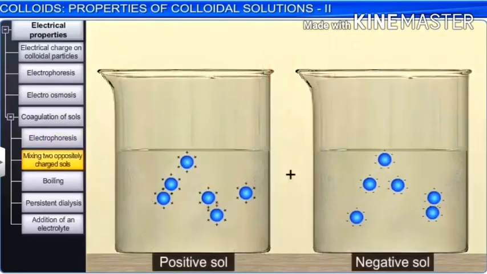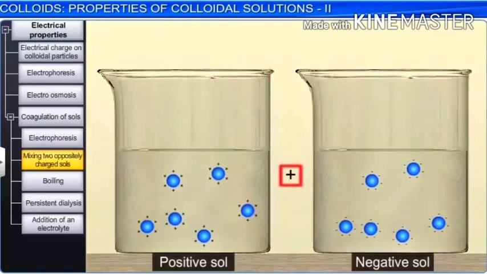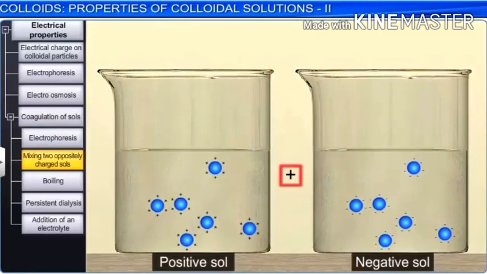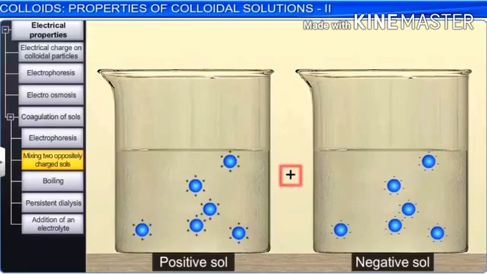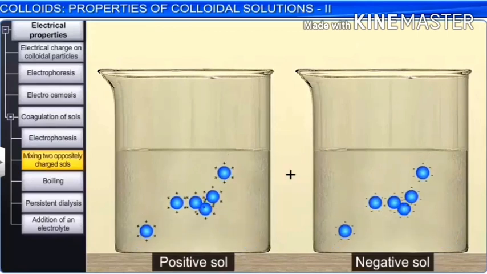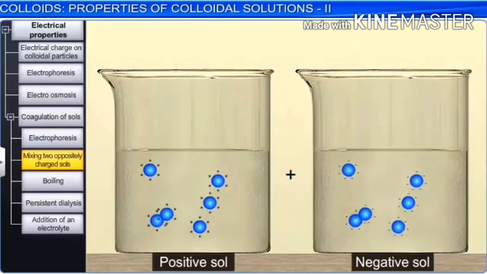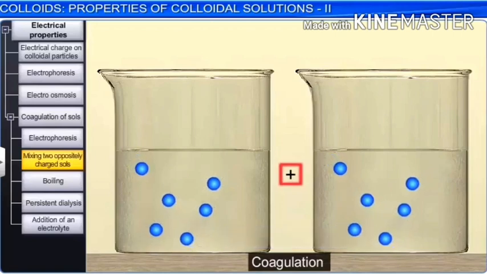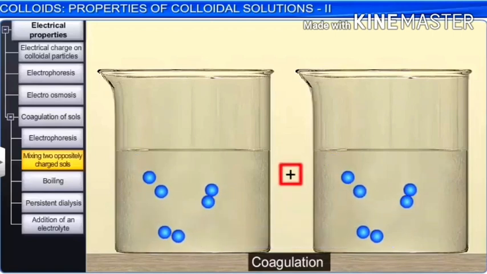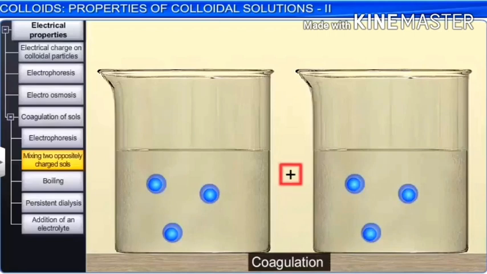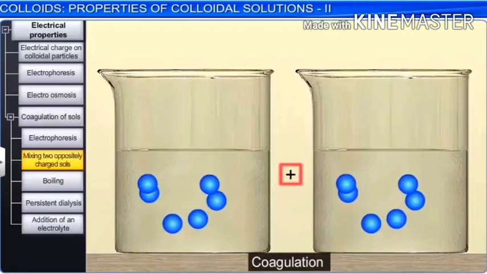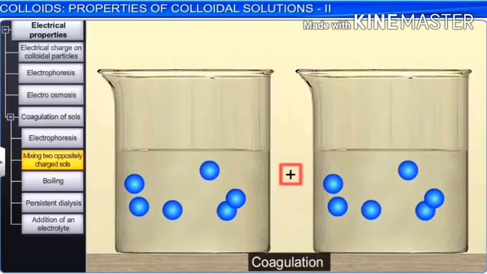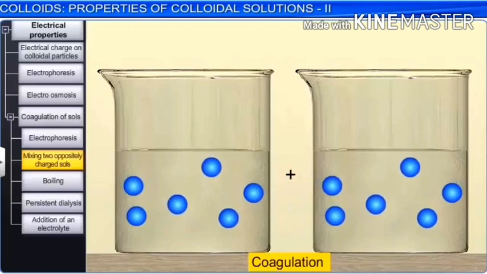The next method is the mixing of oppositely charged salts. If we mix two oppositely charged colloidal solutions, a positive one and a negative one, together, they will get neutralized and cause precipitation. The important thing is that equal amounts of the colloidal solutions should be taken and mixed together, such that they get neutralized and precipitated.